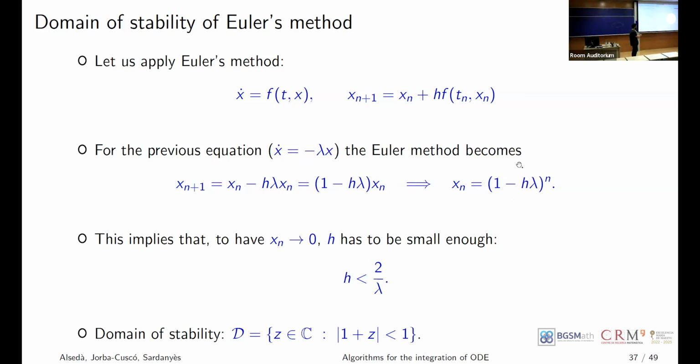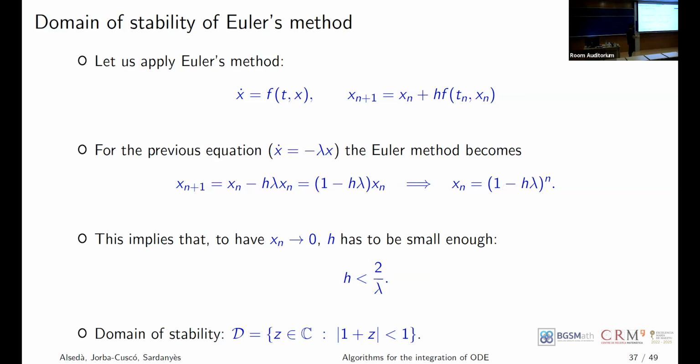So if I say minus h times lambda is z, then I have this equation. That's an abstract, if you want, and z is complex. That's an abstract way to look at this phenomenon, and you have a region of the complex plane in which the system can converge. So that's the domain of stability of the Euler method.